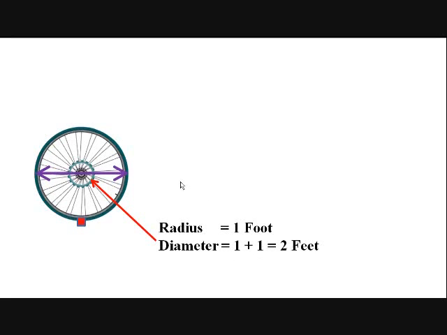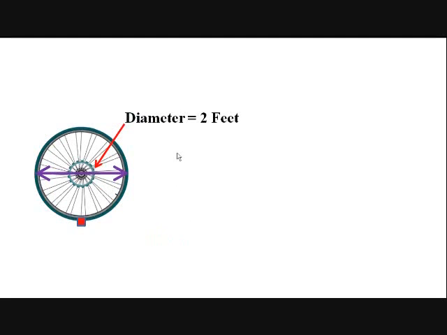Okay, so now it should be pretty easy. We have a diameter of 2 feet, and that means that the distance between the paint blobs, which is the same as the circumference of the circle, is going to be roughly 3 times 2 feet. It's going to be roughly 3 times bigger. It's going to be exactly pi times bigger than the diameter. So it's going to be exactly pi times 2 feet, or 2 pi feet.